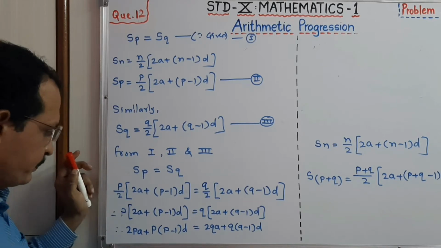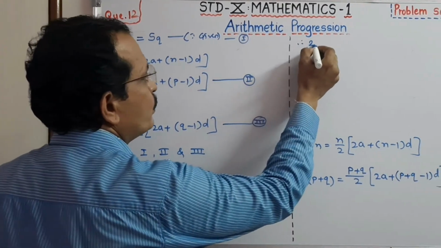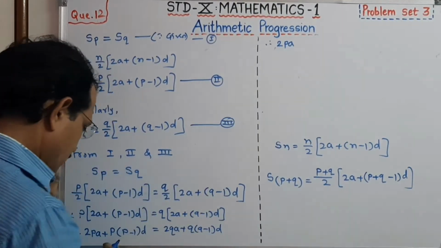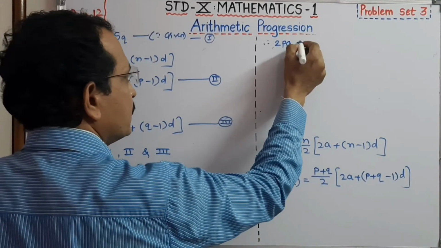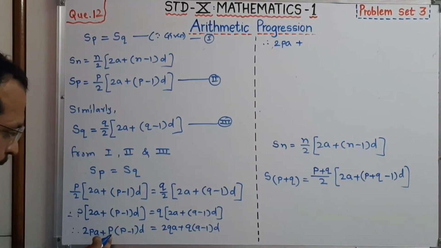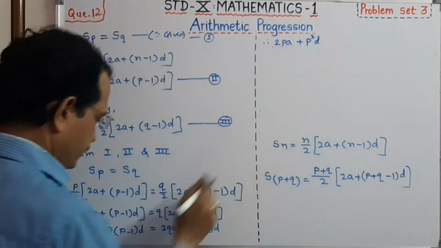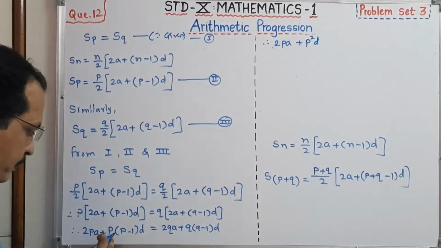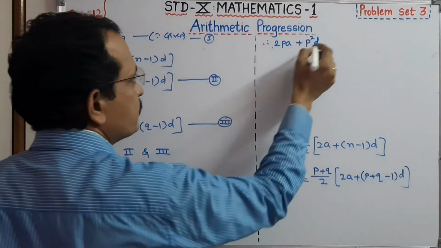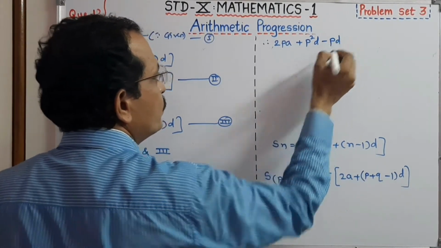Now see here, therefore 2pa plus, multiply with this p into p, it is p square, and d multiplied with p minus 1, that is minus p into d.